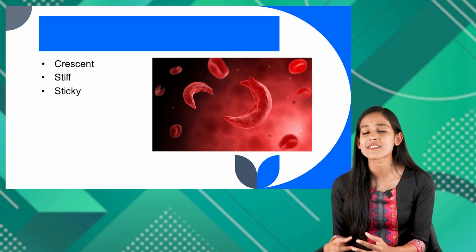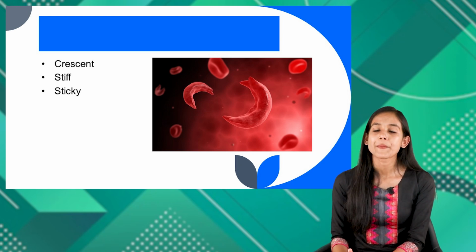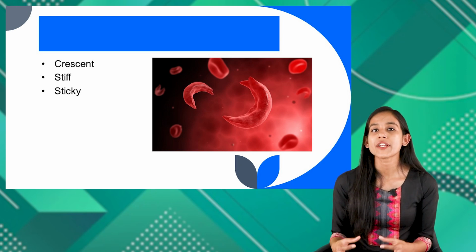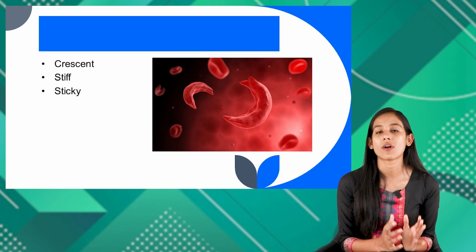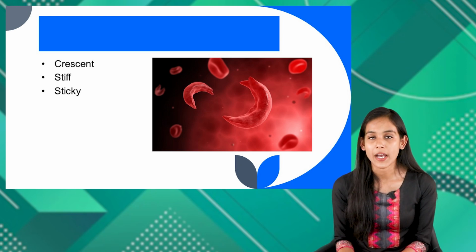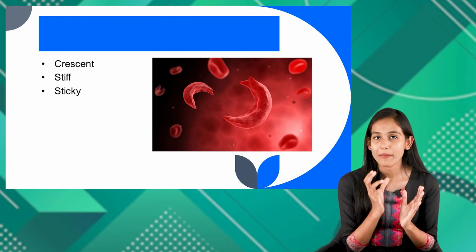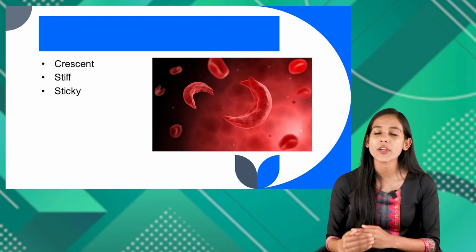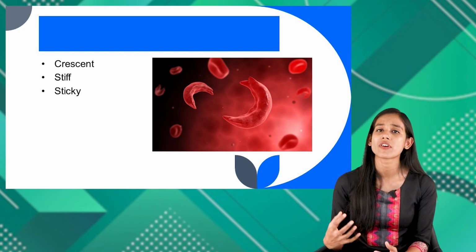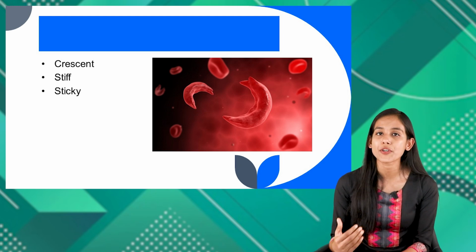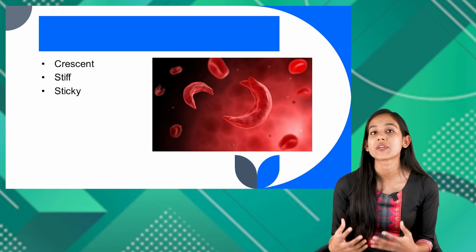So there is always a high demand for healthy RBCs, and because of that, the body will be continuously in an anemic stage, and that's the reason it is called sickle cell anemia. In the name itself, the word anemia is mentioned. The body will always be in an anemic stage because there is always a lack of healthy RBCs, and the body would try to match up with that, but the bone marrow won't be able to keep up.